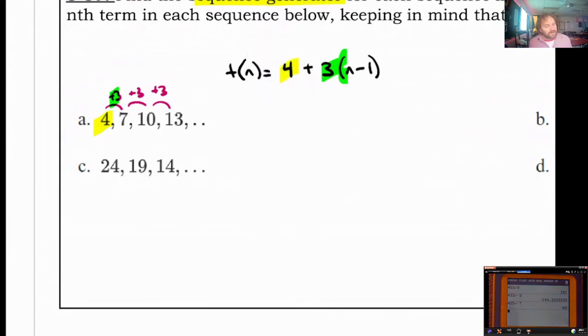This will always work for arithmetic sequences. You need the n minus 1 because if you plug in 1, you want to get 4 out. So in this case, if you plug in 1, you get 4 plus 3 times 0, which is just 4.